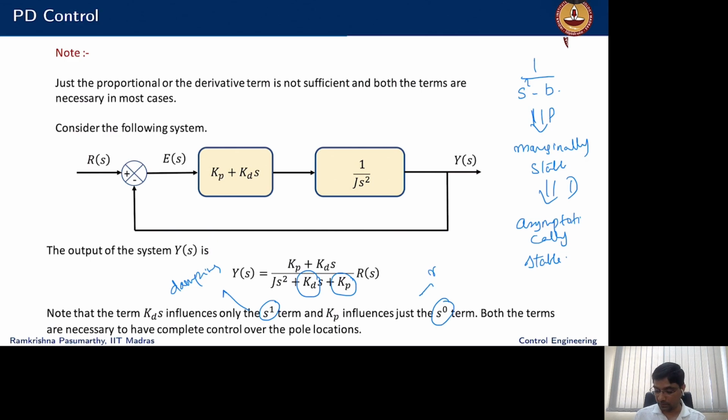This also looks at the natural frequency, and we also saw how it has an impact on the stability. We need access to both of these terms to have complete control over the pole locations. And pole locations have a direct impact on how my system behaves in terms of its transient response, especially the peak overshoot and the settling time.